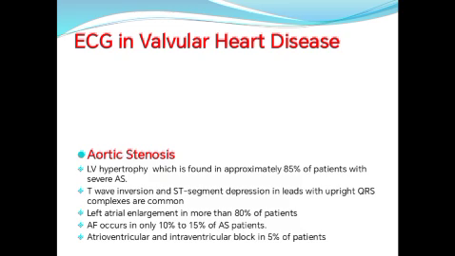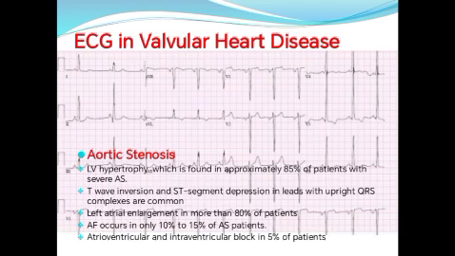And also there will be a change, as you see here, and this is a feature of LVH in this ECG. That means if you count the S wave in V1 and the R wave in V5 or V6, it is more than 35 millimeters.